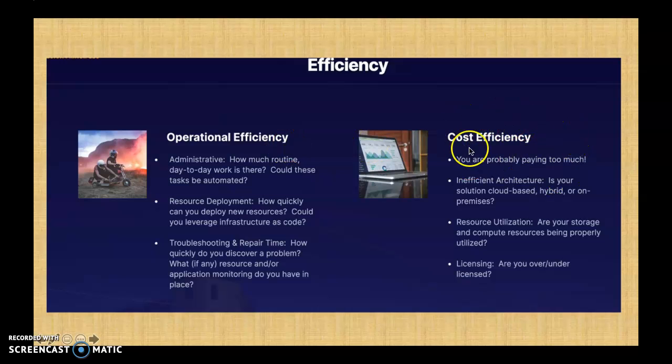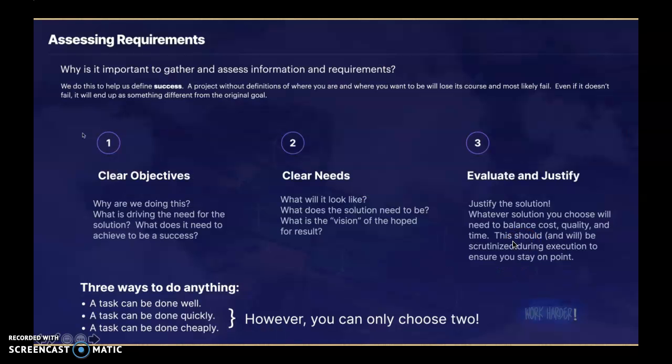Whereas cost efficiency is when you use an architecture that is a hybrid between your infrastructure and the cloud infrastructure, and it pays off best. So resource utilization optimization and licensing optimization come under cost efficiency.